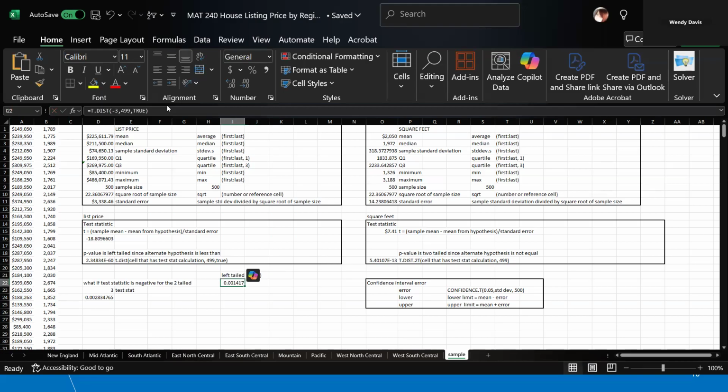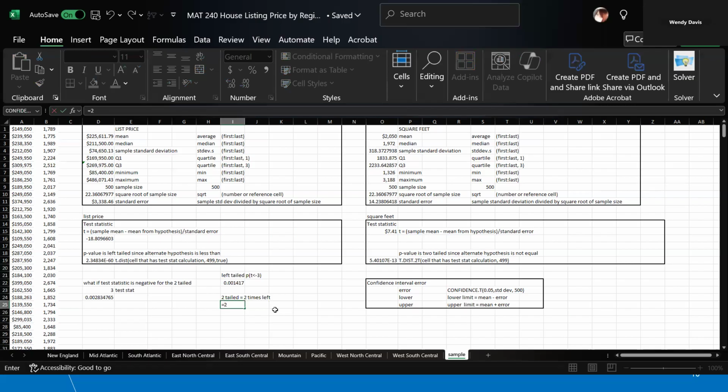Well, because this is symmetric, two-tailed is the left plus the right, which is 2 times the left side. So the two-tailed probability, p-value, watch, it's going to match what I did over here using the positive test stat. So this equals 2 times the left tail.